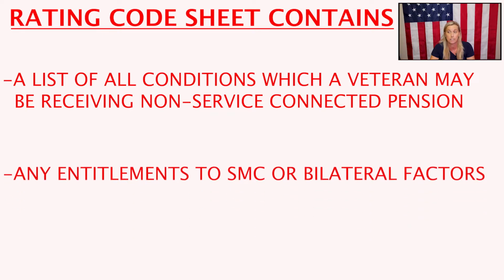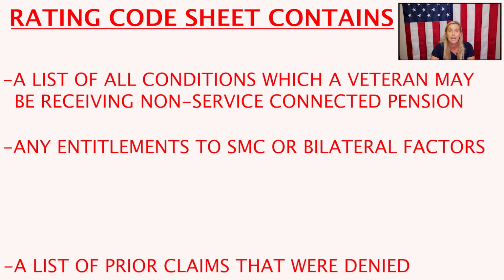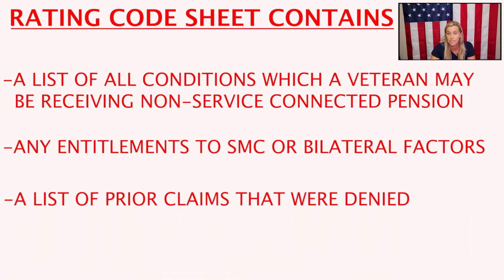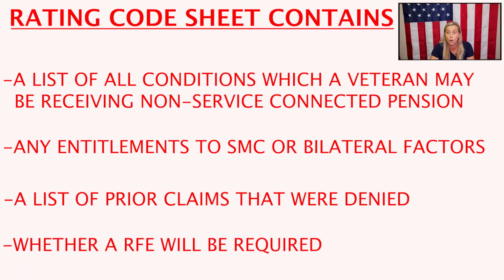Any entitlements to special monthly compensation, also known as SMC, or use of bilateral factor. A list of prior claims that were denied, and whether a future re-examination, also known as an RFE, will be required.